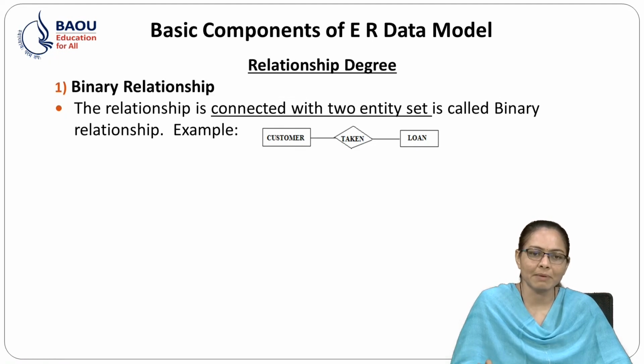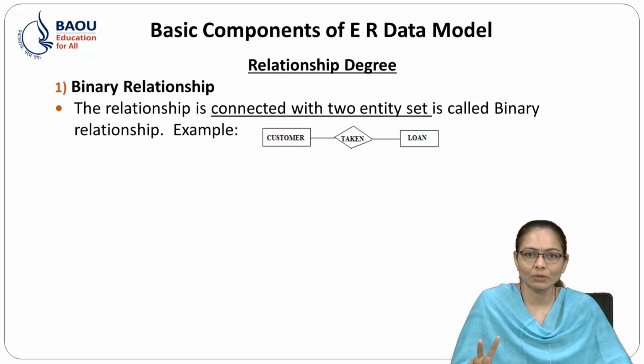First we see the binary relationship. What is binary relationship? Binary relationship means the relationship is connected with two entity sets. For example, customer entity set is connected with the loan entity set.